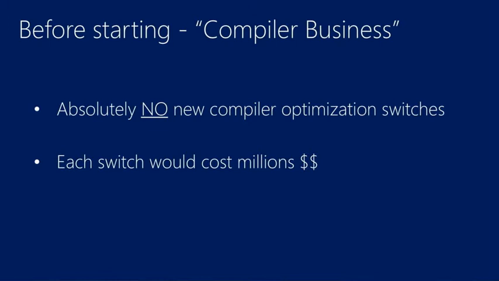Each switch that we add to the compiler is really well thought out, because it's easily going to add a couple of $1 million a year just to the testing. So everything we try to do and evolve, and all the technologies I'm about to talk about, have to be on by default.